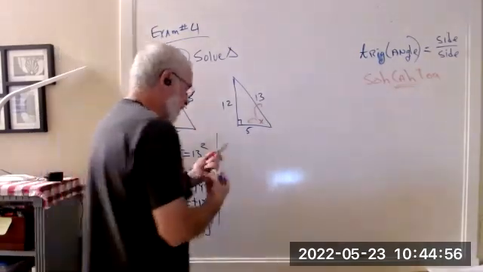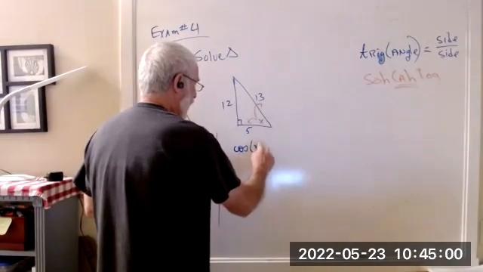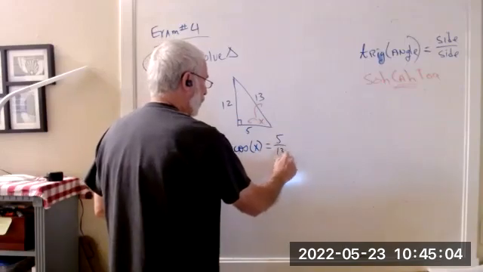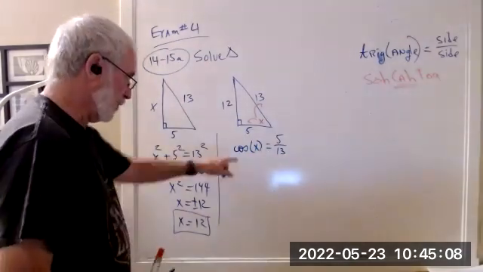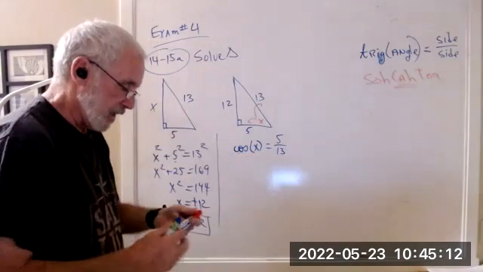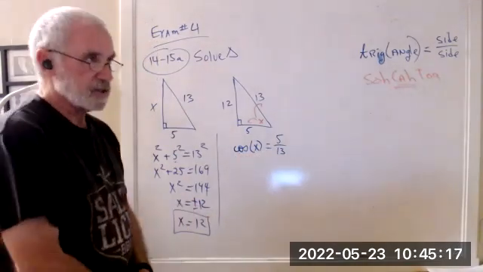So we write this equation. We say the cosine of angle X is 5/13. The cosine of angle X is 5/13. Now, does that make sense?